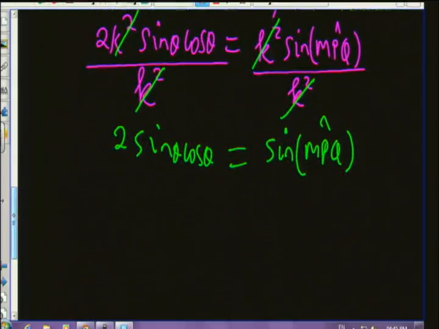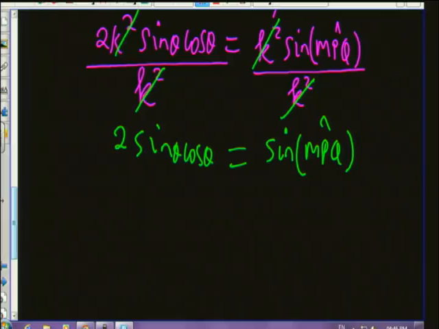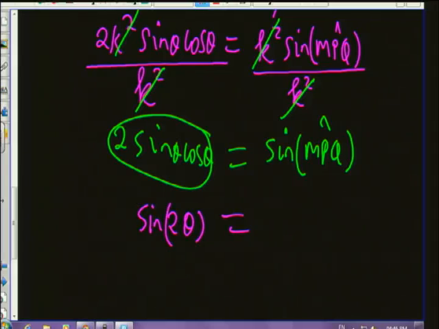Now, you go back to your notes, your double angle identities. If you're given sine 2 theta, that will be your 2 sine theta cos theta. And if you're given cos 2 theta, that will be cos squared theta minus sine squared theta, or 2 cos squared theta minus 1, or 1 minus 2 sine squared theta. But now, this is 2 sine theta cos theta, a double angle identity, so we can change that to sine 2 theta equals sine of MPQ.